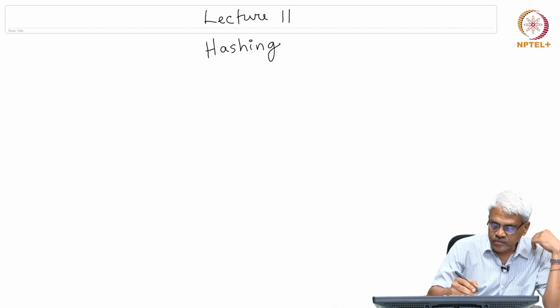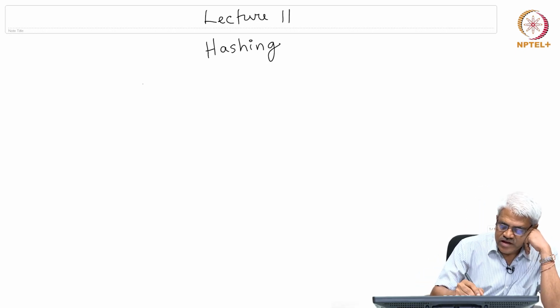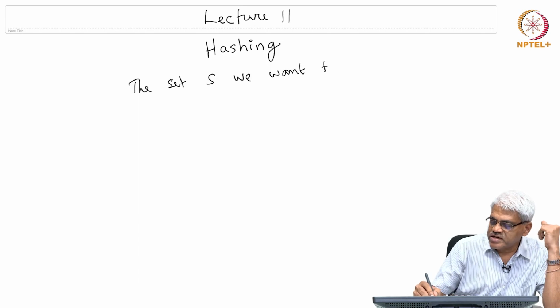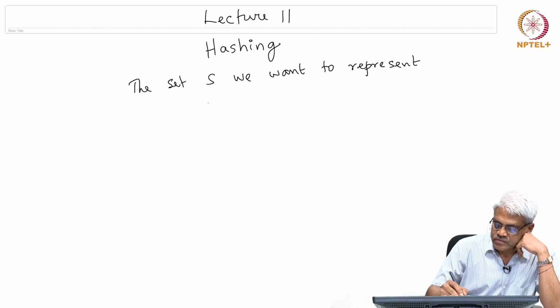Now, suppose the set I want to represent. Remember, our goal is to represent a set and support queries like search, insert, delete. It is a subset of some numbers, let's say 0, 1, 2, up to m minus 1.